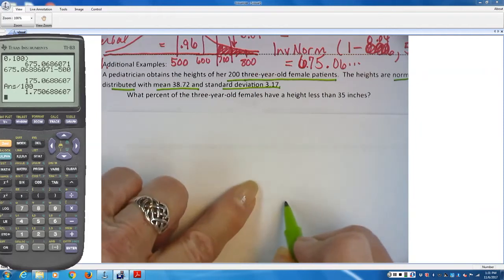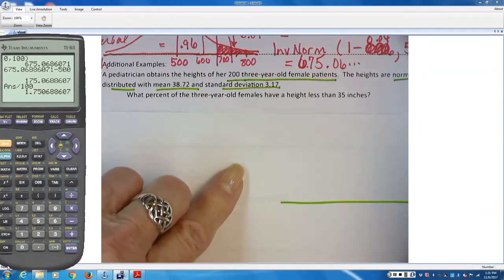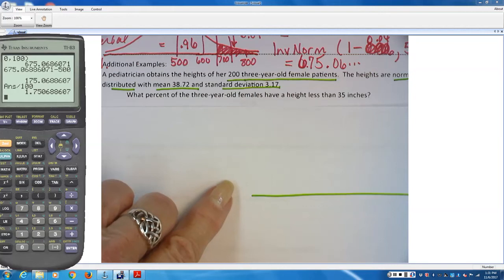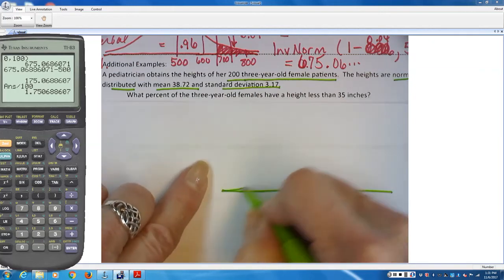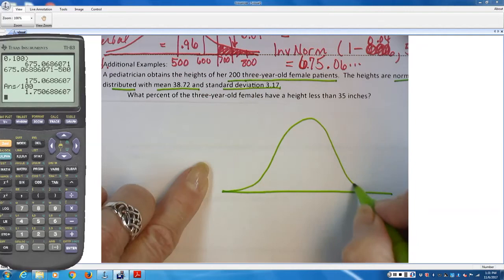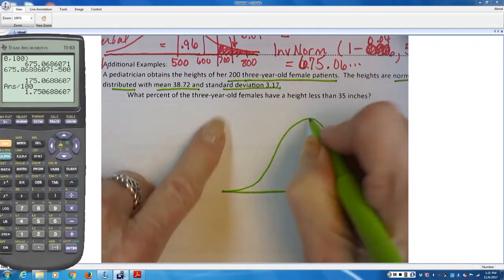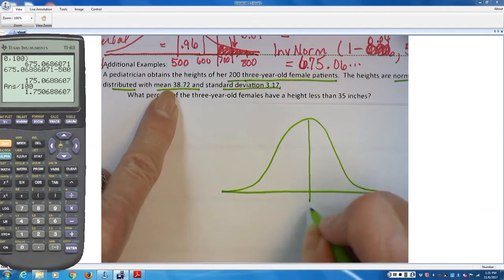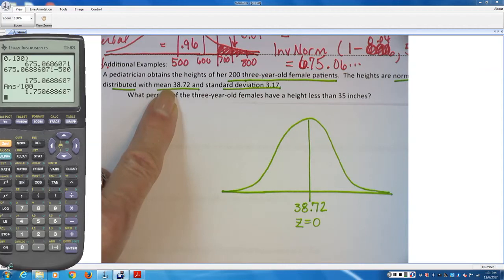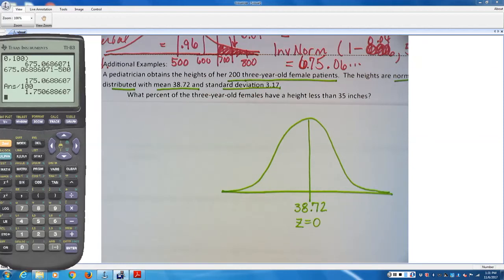So that means her normal curve looks like this. The mean height is 38.72. That's where Z would be 0. And that's not anywhere near dark enough for you to see well, so you dig a darker pen.